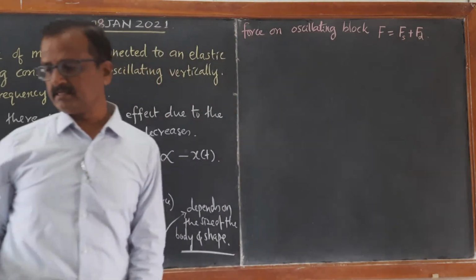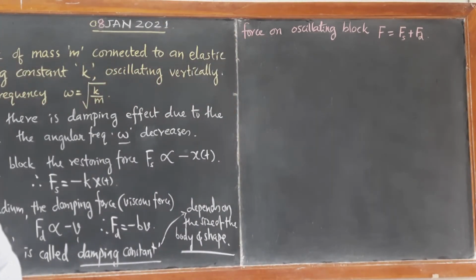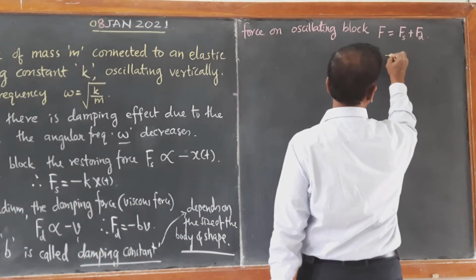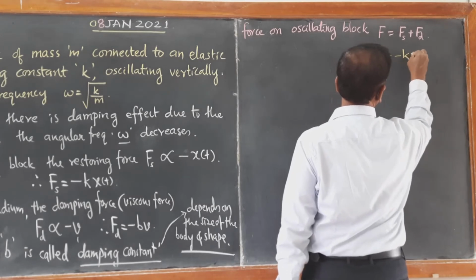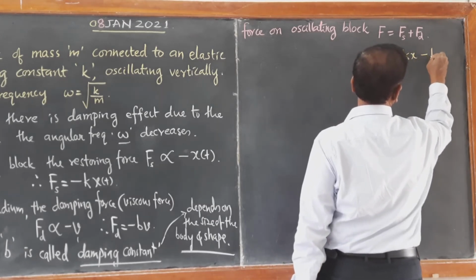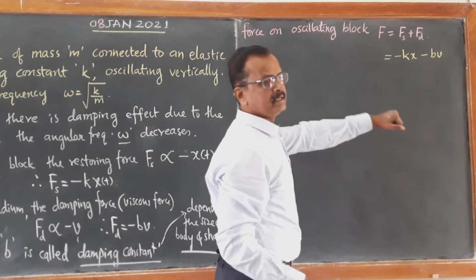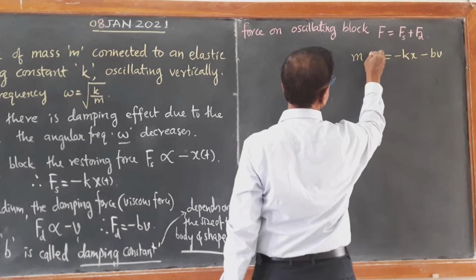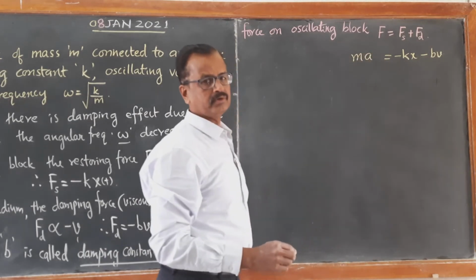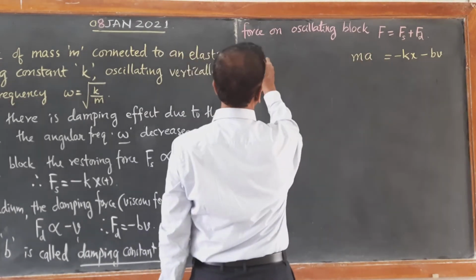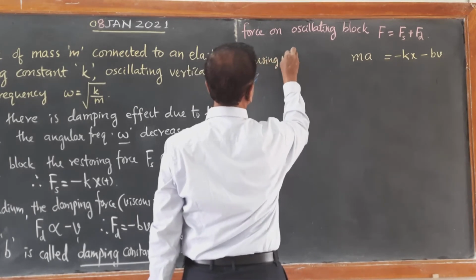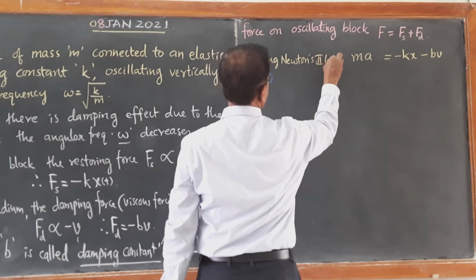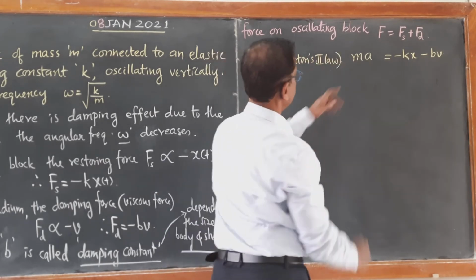Fs is the spring force, that is minus kx, and Fd is the viscous force, which is minus bv, where b is the damping constant. Using Newton's second law, force is equal to ma.